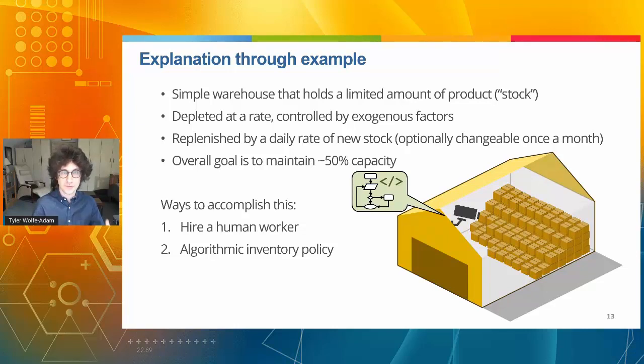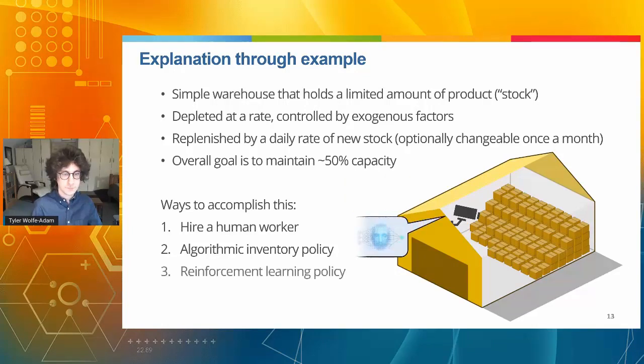The more we add, the longer and more complex our code base is going to be. The other issue is that it might not account for edge cases or scenarios that weren't thought of in advance. And the third method we might use is a reinforcement learning policy.